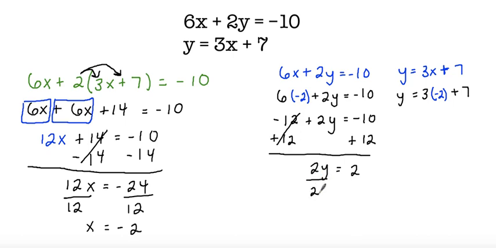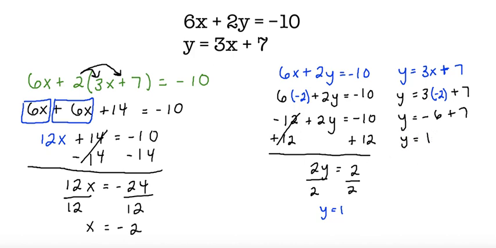And if we divide both sides by 2, we end up with y is equal to 1. All right, let's see if we get the same thing. So y is equal to 3 times -2, which is -6, plus 7. So y is equal to 1.